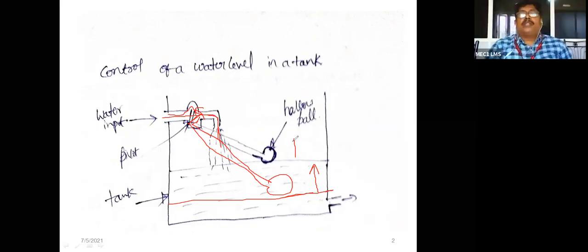When the level increases again, the ball rises up. When it rises up, the inlet closes, and automatically the water flow into the tank is shut off.